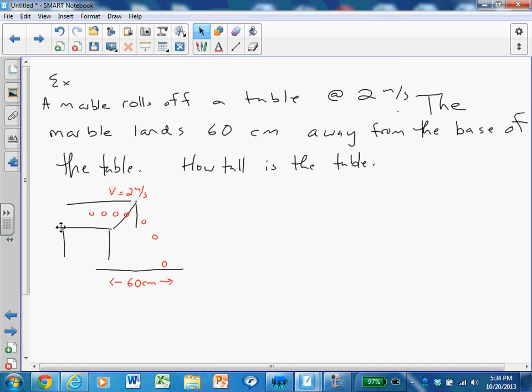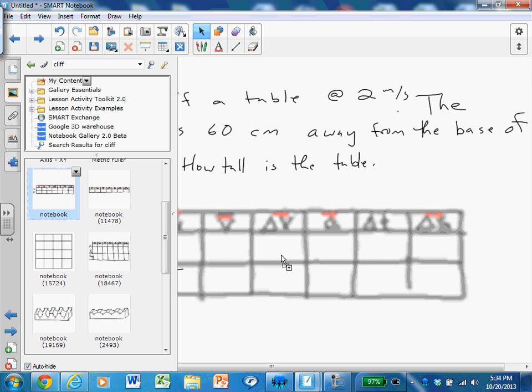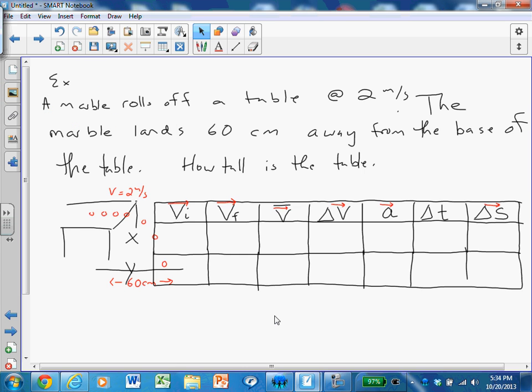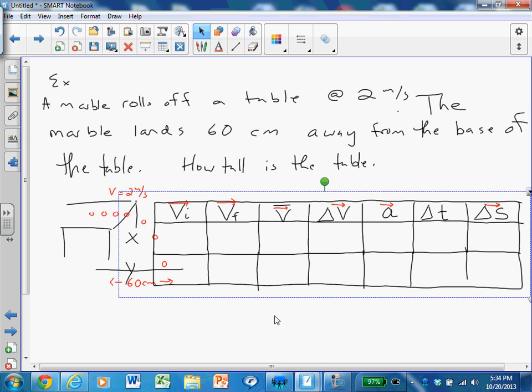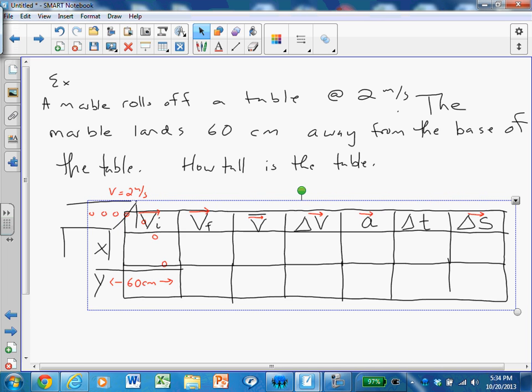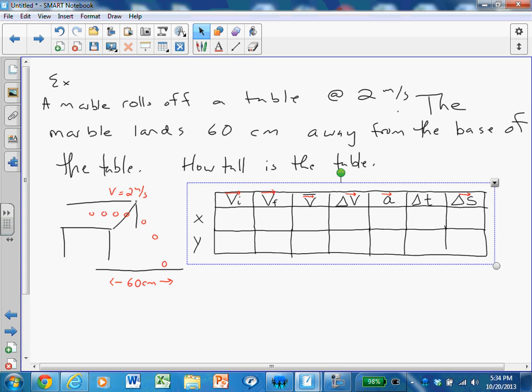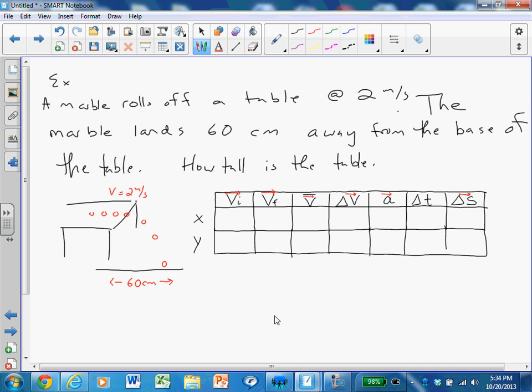Well, let's see what we can fill in here. All right, so in the x direction, you can see that our original speed is the 2 meters per second. Ask yourself how that will change in the x direction as it travels. It will stay the same.